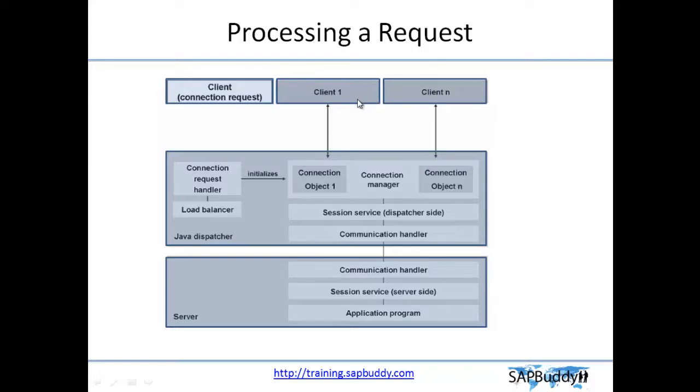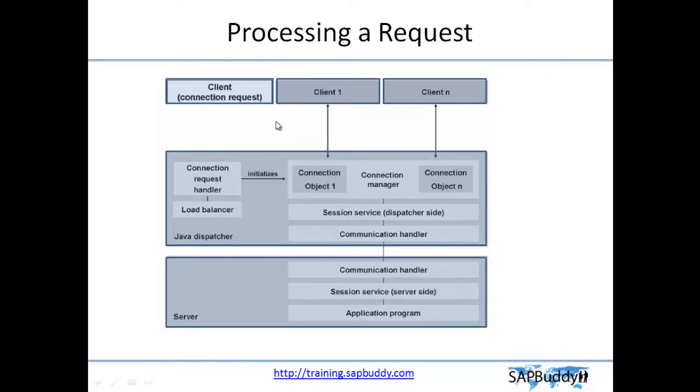Whenever the client is requesting any server process, it comes to the dispatcher. The dispatcher will find a free available server, then allocate it based on an algorithm called the round robin algorithm. If the connection is already available for the specific client with a specific server, then it will redirect to that specific server.